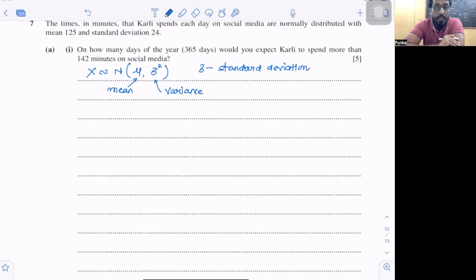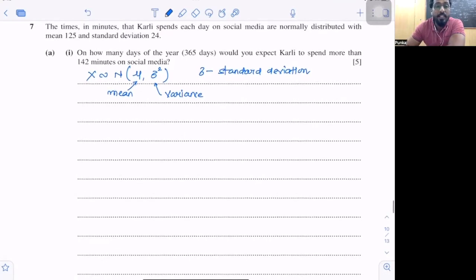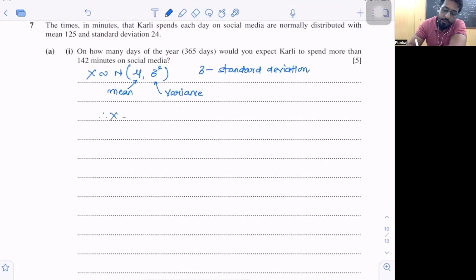So Carlyle spends each day on social media normally distributed with mean 125. So I can say X follows normal distribution with mean 125 and standard deviation 24, so I write 24 square. Be very careful, students. It's the variance that you include as a parameter for the normal distribution and not the standard deviation. So it's 125 comma 24 square.